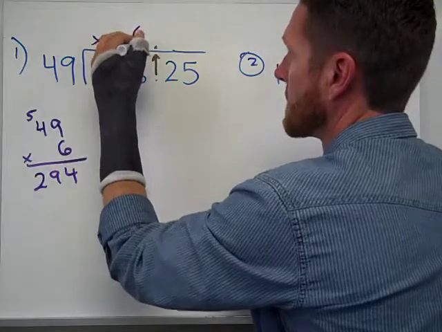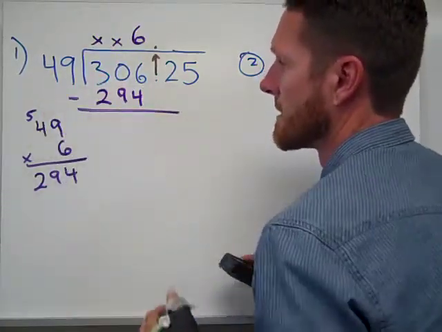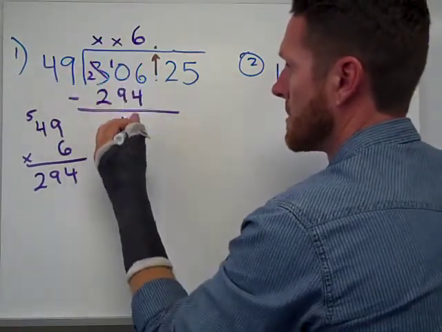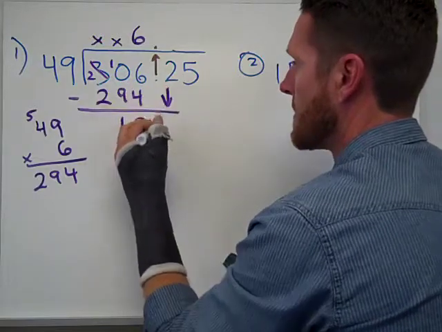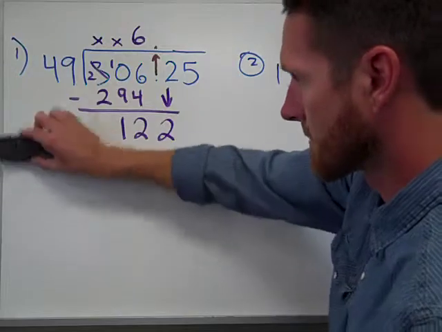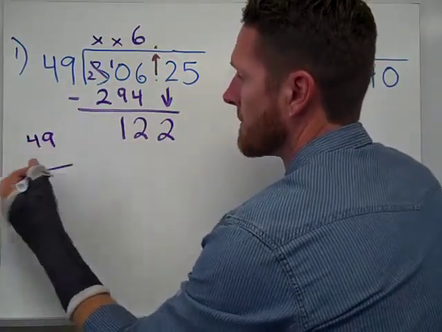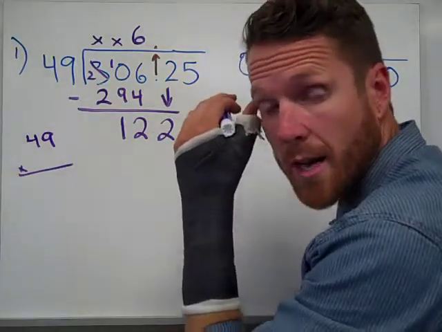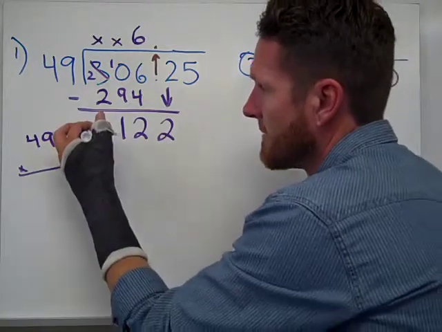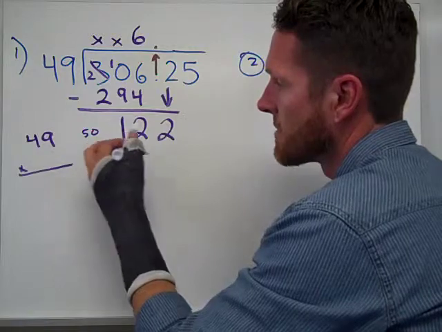So we'll put a 6 up here. 294. Subtract. We're going to have to borrow here. 1, 2. Bring down the 2. Now we have to do 122. So 49 times what is going to get us close to 122? Let's also think about this as 50. 50 plus 50 equals 100. 50 times 3 is 150.